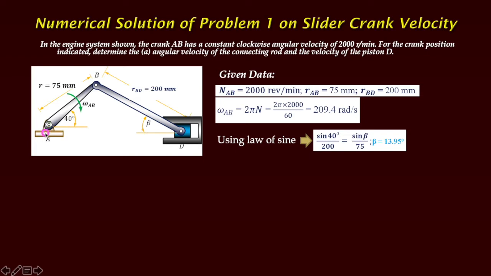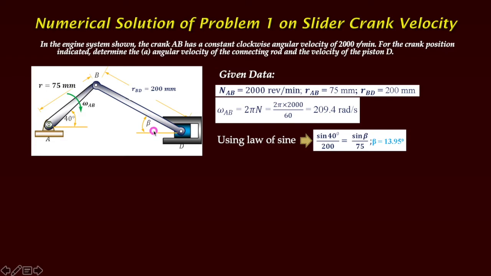So if we consider here the triangle ABD, for this length and this length, which are known, opposite to this side the angle is beta, and opposite to the BD side the angle is this 40 degree. Here we don't know the angle, consider it is beta.